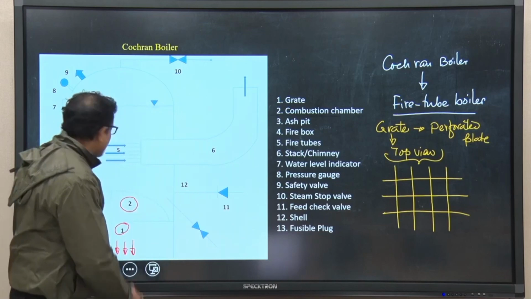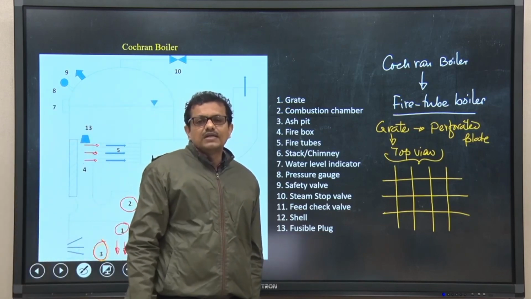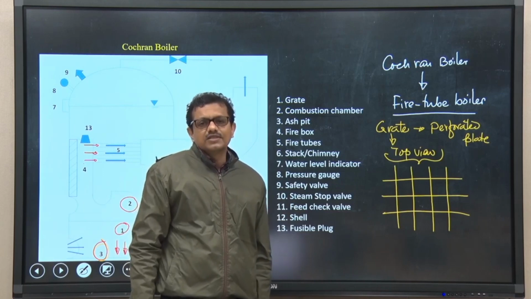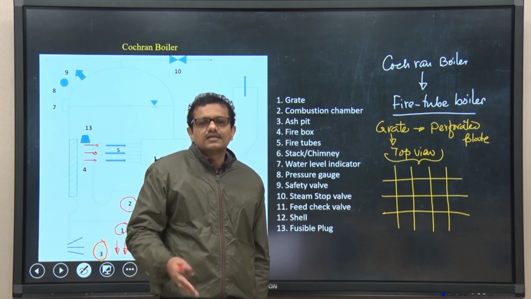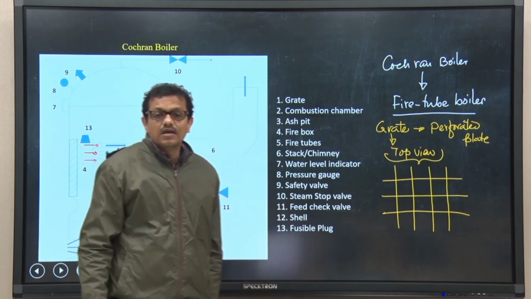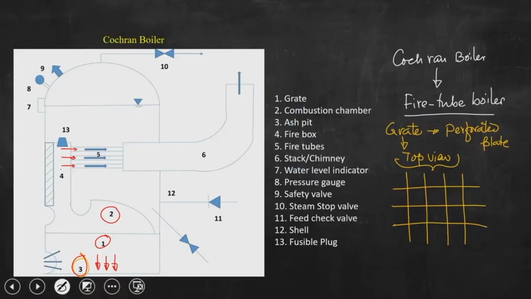But in a Cochran boiler, it is very unlikely that we are going to get superheated steam, because the steam which is produced will be in equilibrium with the water in the shell, and as a result we will always get wet steam. So this is one disadvantage of this particular type of boiler.